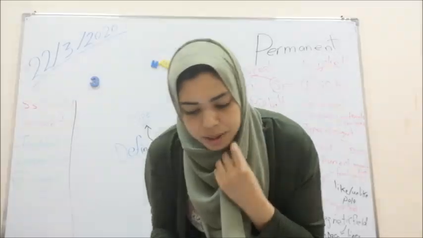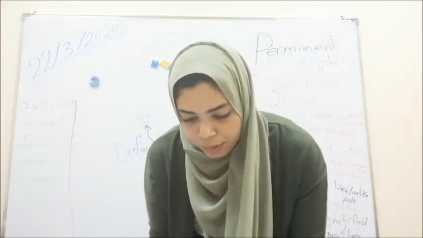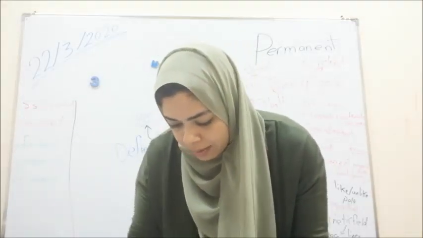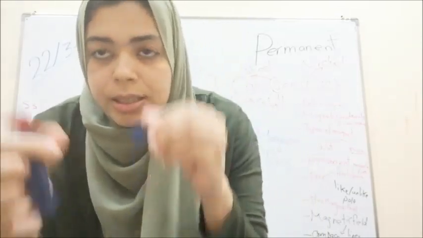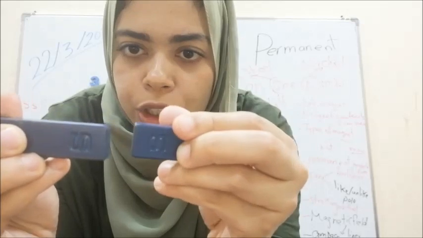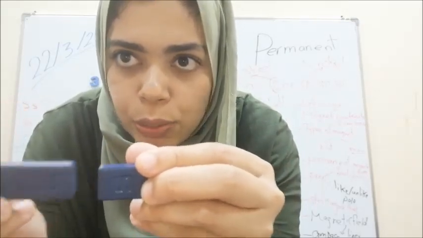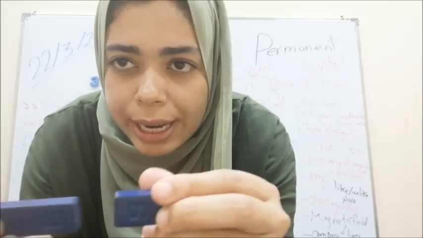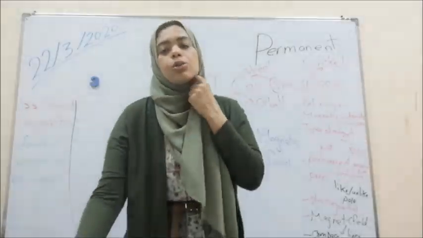While if I use S with S, south with south, see? They are going to push each other away. S with S moving away from each other. This is called repulsion.